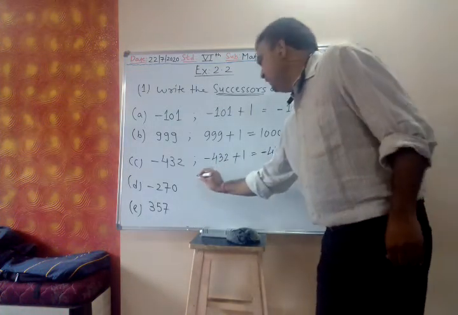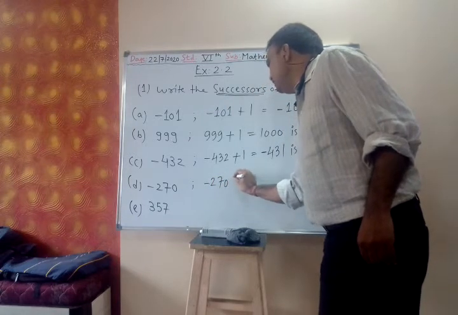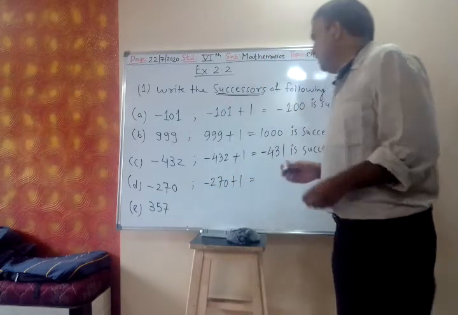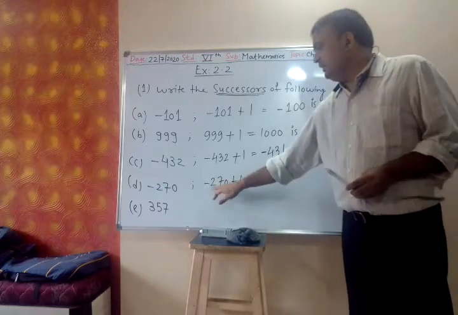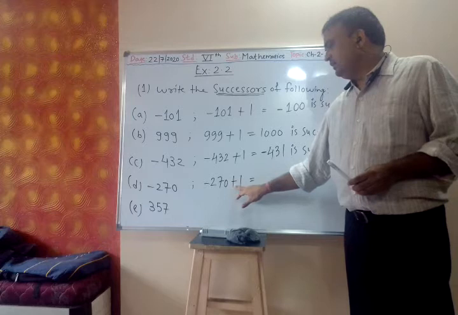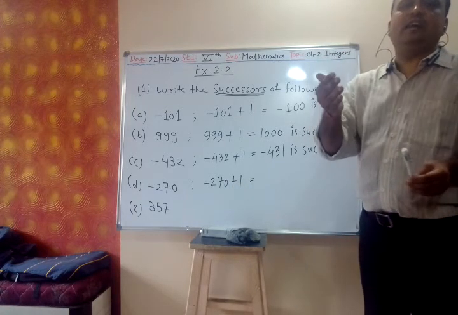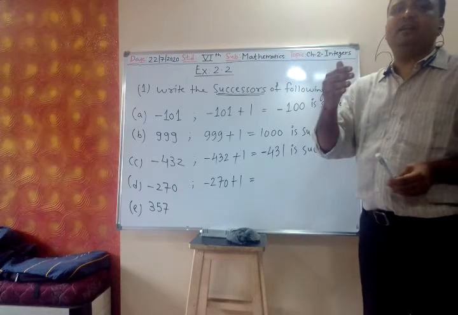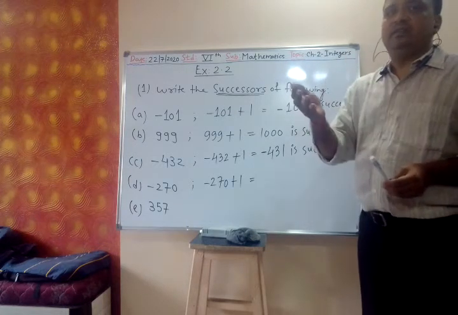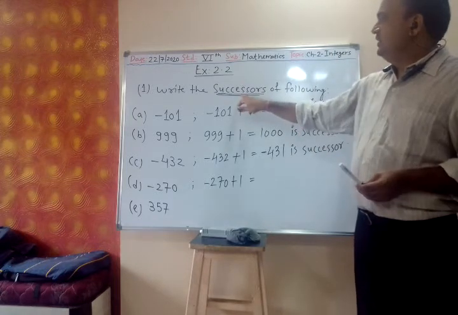Now next, minus 270 plus 1. Again, 270 has a minus sign and 1 has a plus sign. Because we want to find the successor, how do we find the successor of any number? By adding 1 to that number, we get the successor.